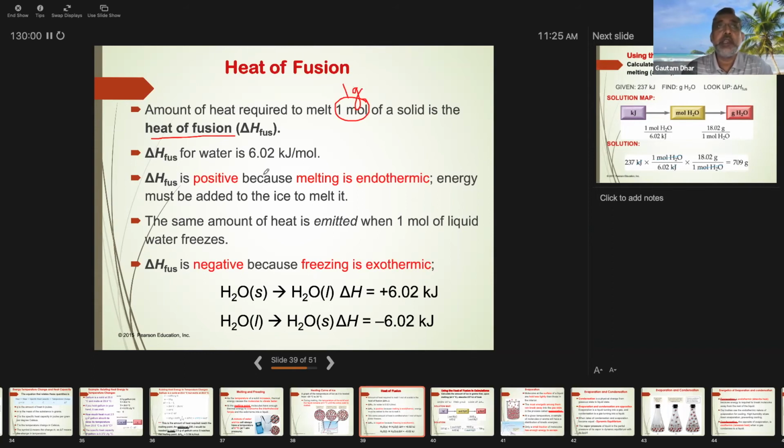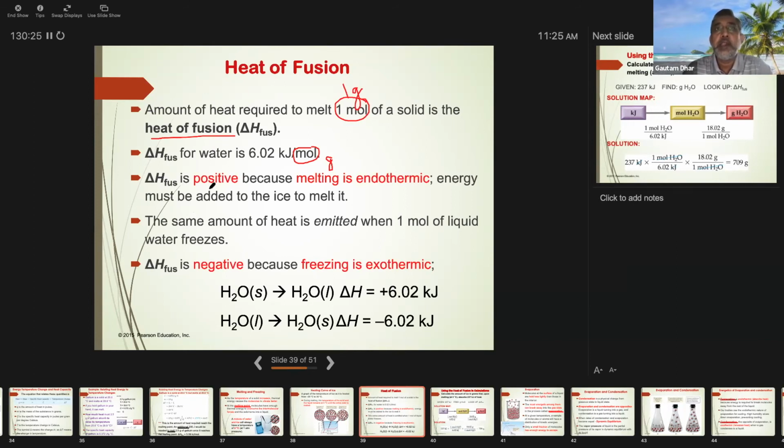In joules, we say 6.02 kilojoules per mole. Again, we'll learn about moles in later chapters. But we can also have this in grams. When it is melting, it is absorbing heat. And the reverse, when you are freezing, it will give the same amount of heat.